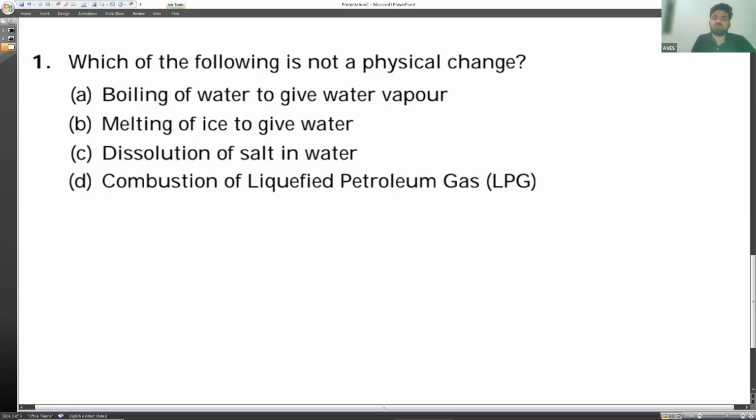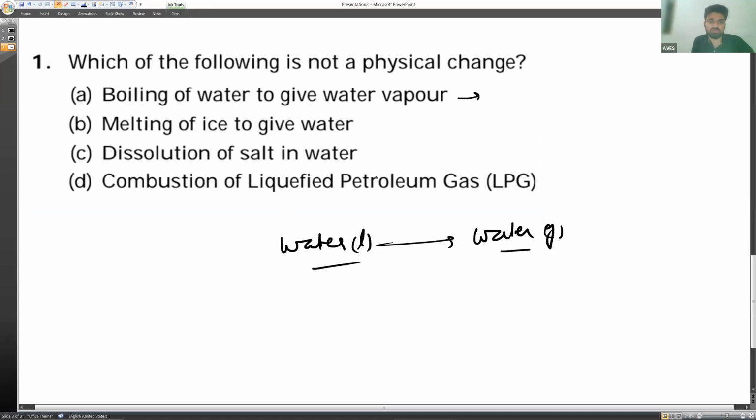So the answer is the D option. Why? Because boiling of water: when water is a liquid and it changes to gas, it is still water, so no new substance is formed. Melting of ice to water is the same. Water is solid and it changes into liquid water, it is still water, the formula is still H2O.